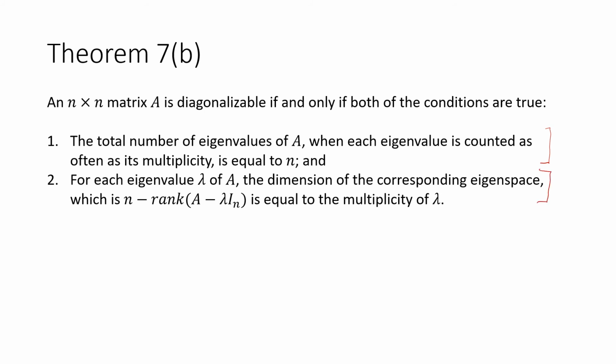The second condition is that the dimension of the eigenspace for each of those eigenvalues is exactly equal to the multiplicity. So, for instance, in the last example, we saw that something has a multiplicity of 2. For A to be diagonalizable, the eigenspace for that eigenvalue would have to be exactly 2. And it has to be that way for all of the eigenvalues. So this is a theorem that's telling us when you can have a diagonal matrix, or when you are similar to a diagonal matrix.